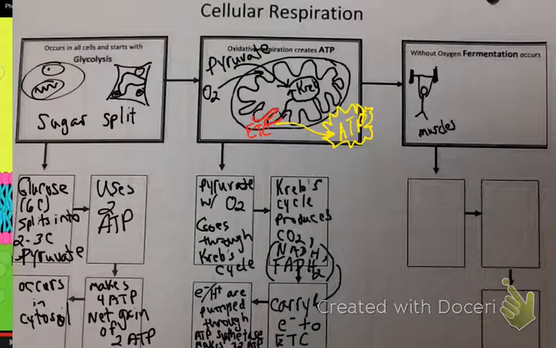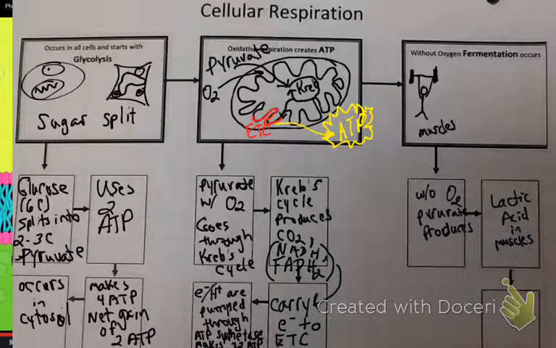So without oxygen, pyruvate produces either lactic acid in the muscles. So without O2, pyruvate produces lactic acid in muscles, and that's that pain that hurts your muscles a lot.